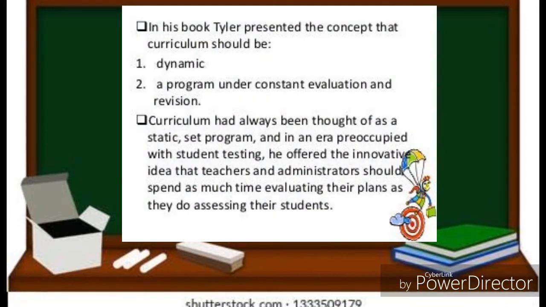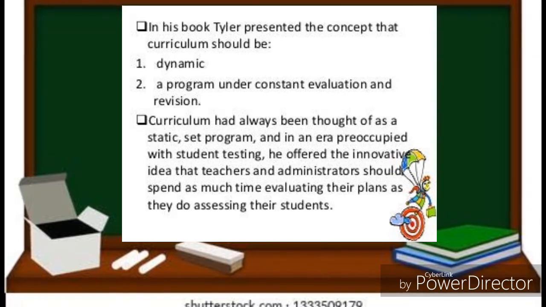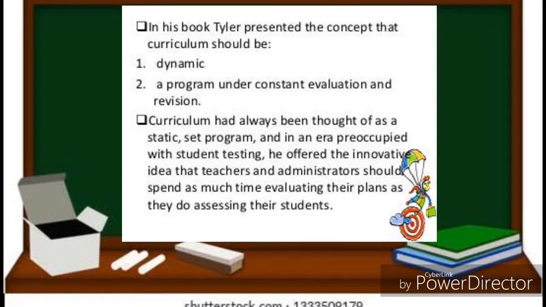In his book, Tyler presented the concept that curriculum should be dynamic, a program under constant evaluation and revision. Curriculum had always been thought of as a static, set program, in an era preoccupied with student testing. He offered the innovative idea that teachers and administrators should spend as much time evaluating their plans as they do assessing their students.